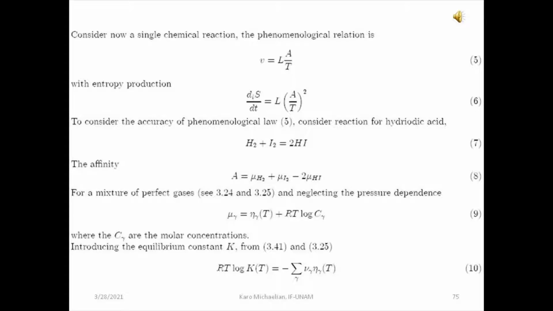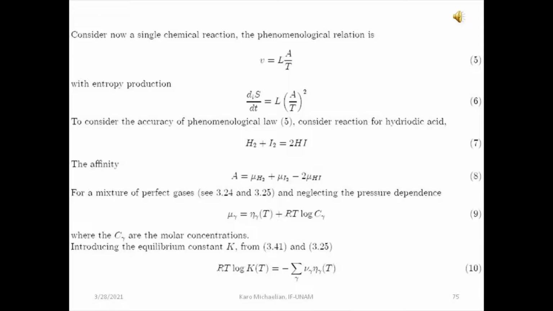If we neglect the dependence on pressure, then the chemical potential is just eta, where eta is some function of the temperature, plus RT, R the universal gas constant, times T the temperature, times the logarithm of the concentration of the component gamma, which in our particular case would be either hydrogen or iodine. C gamma are the molar concentrations, or the moles per liter, for example, of a substance gamma.